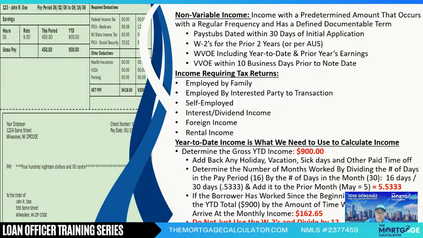And so now, once you get the year-to-date gross income, you also got to note the following. And in some cases, these pay stubs can be a little complicated with sick days, paid time off, vacation, and other components of the income.